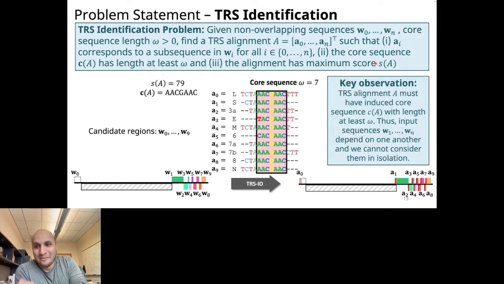There's a couple of observations. The first observation is that a TRS alignment A must have an induced core sequence C_A with length at least omega. What this means is that the input sequences, W0 to Wn, depend on one another, and we cannot consider them in isolation.